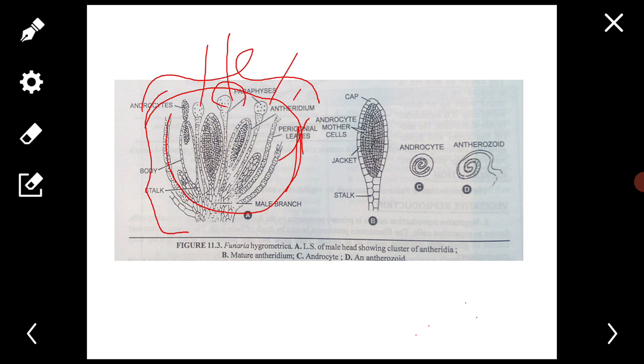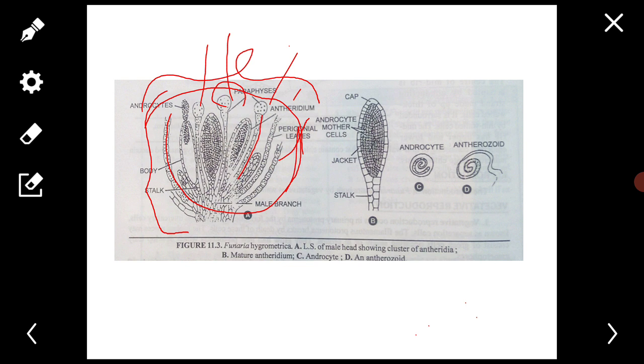The other cells of the paraphysis, apart from the terminal cell, are narrow, elongated, green, chlorophyllous and photosynthetic. So one function is photosynthesis, due to the presence of chlorophyll. Second, the paraphyses protect the developing antheridia.